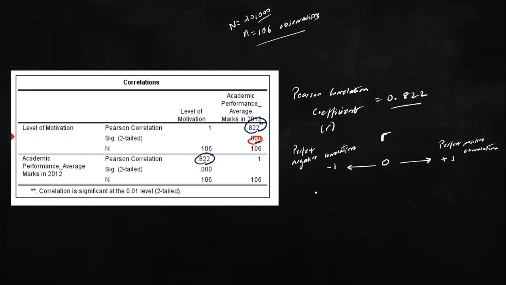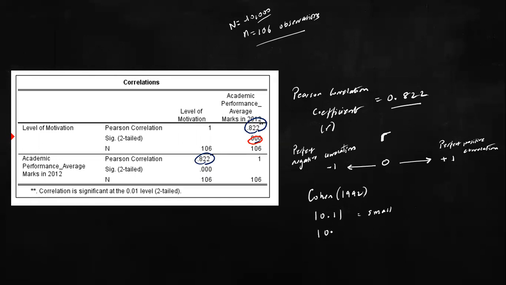So a very common guideline which is used is the one provided by Cohen in 1992. And Cohen basically tells us that anything around 0.1, of course our modulus, because it's valid for either a negative or a positive correlation, we would say that it is a small effect.